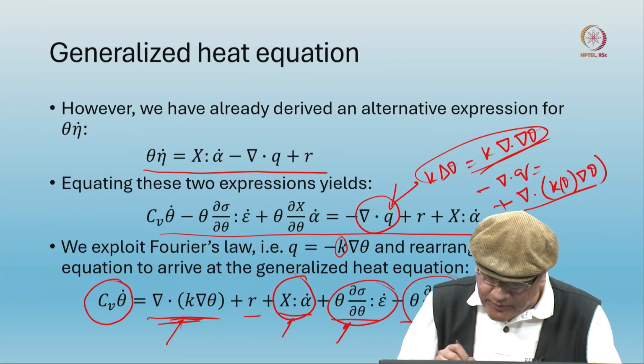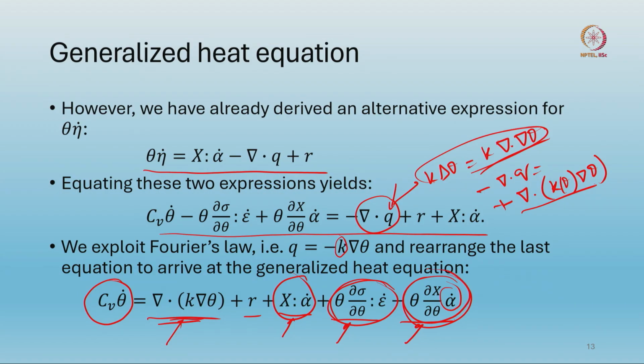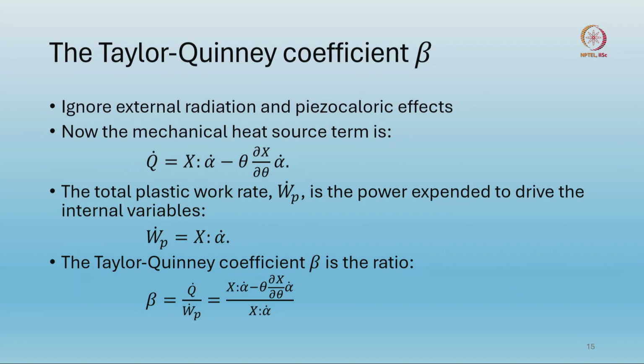Part of that will go into here, part of that will go here, and part of that will go into the dissipation, pure dissipation of the heat. How much will go where, that is a detail that we need to work out. It is here that the Taylor-Quinney coefficient comes in very handy.